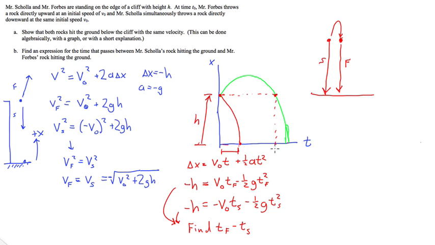This here and this here are the same. So what's really important is the gap between here and here, and that's going to be the same as here to here. It's hard to find this amount of time and then also find this amount of time and find the difference. But it's really easy to take a rock that's thrown upward and find how long it takes it to come back down to the same level.